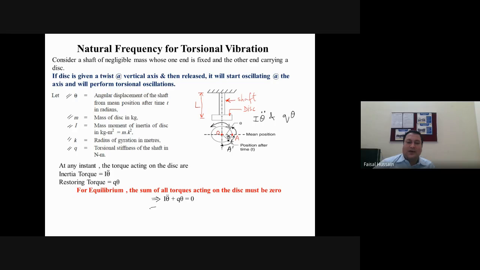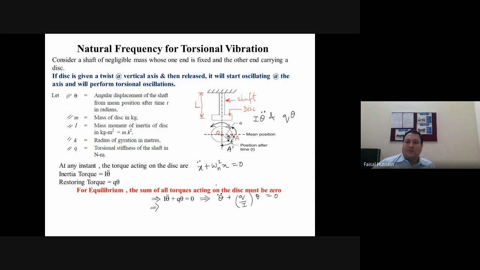So from here I can write theta double dot plus q by I into theta will be equal to 0. Okay. And what is the standard simple harmonic equation? X double dot plus omega n square x is equal to 0.